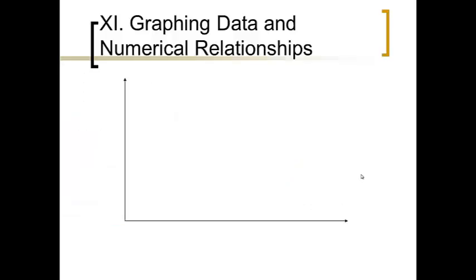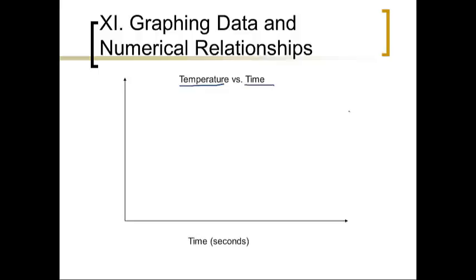So let's say we wanted to make a graph or do a little experiment where we change the time and we figured out what happened to the temperature. This is actually going to be a graph of temperature versus time. Okay, now this has to go on our y-axis, this goes on our x-axis. So time will go on the bottom, again with our units that we want, and on our y-axis we put in our temperature.